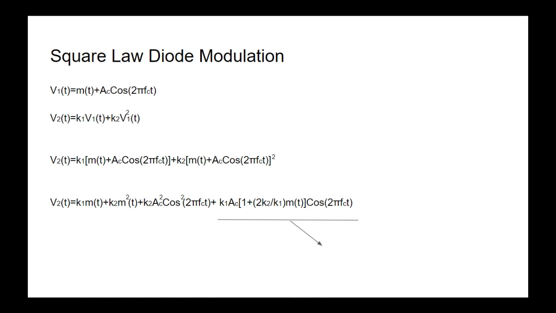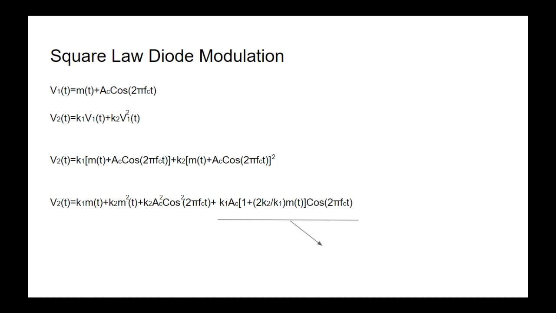When we expand this equation, we get V2 is equal to K1 [m(t) plus Ac cos 2πfct] plus K2 multiplied by [m(t) plus Ac cos 2πfct] whole square.